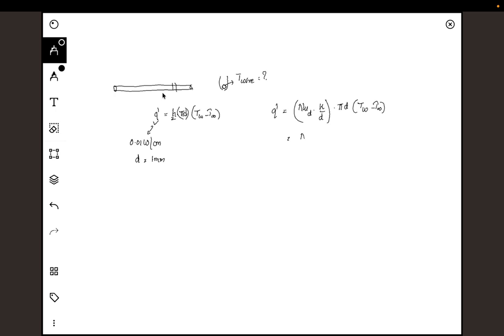That would give me Nu_d times k times pi times TW minus T infinite. And this Nu_d is a function of, just write this as, and you know the problem that we were discussing even in the last week when you have uniform heat flux or similar scenarios when you do not know the surface temperature of the wall.